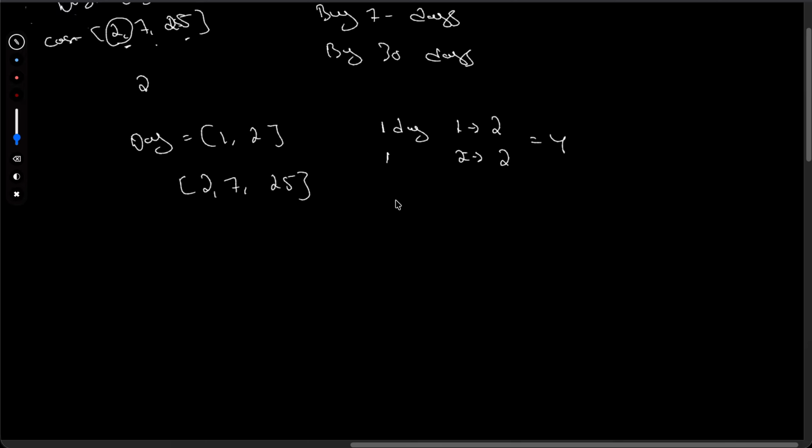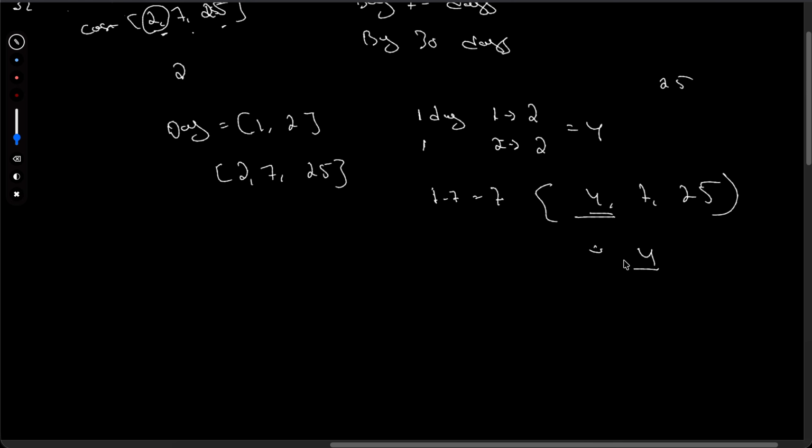Option 2: buy a 7-day pass on day 1, it covers both 1 and 2, so the cost is 7. The third option, the 30-day pass, also covers 1 and 2, for 25. So the minimum of 4, 7, 25 is 4, so the answer is 4.